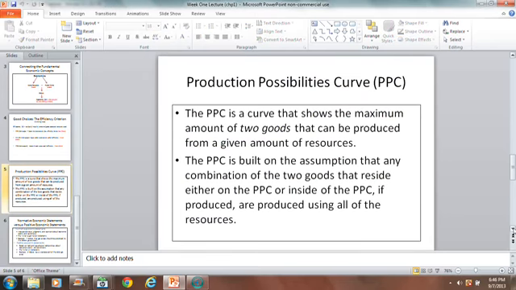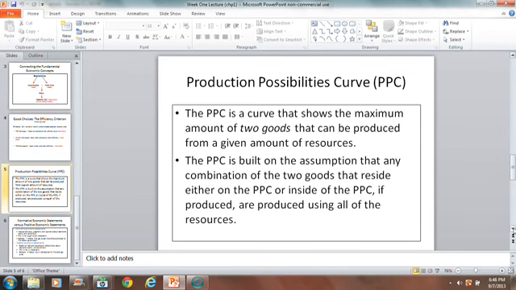An application of these concepts shows up first in a concept called the production possibilities curve. It will embody the issue of scarcity, choice, and opportunity cost. It's our first analytical model for the course, and I want to introduce it at this point.